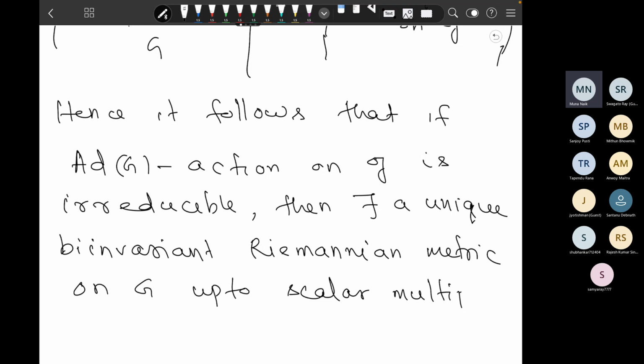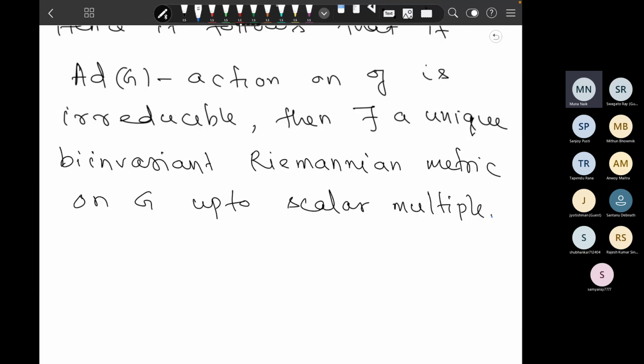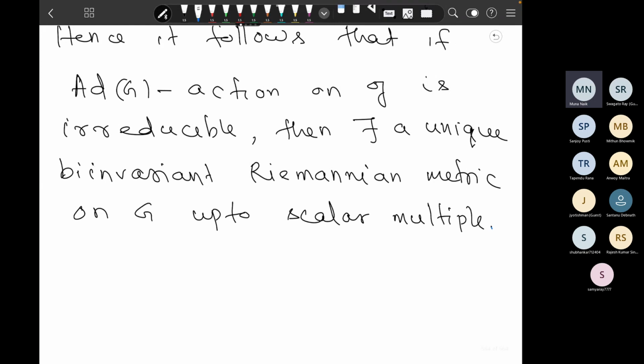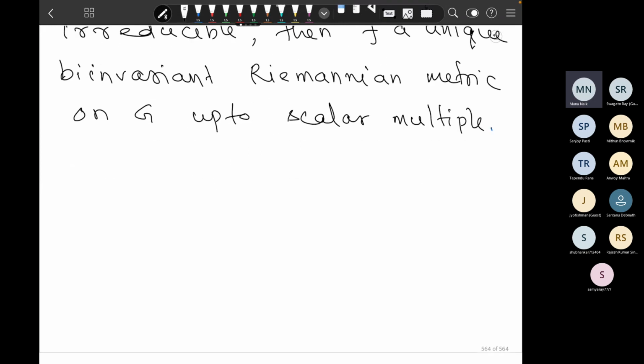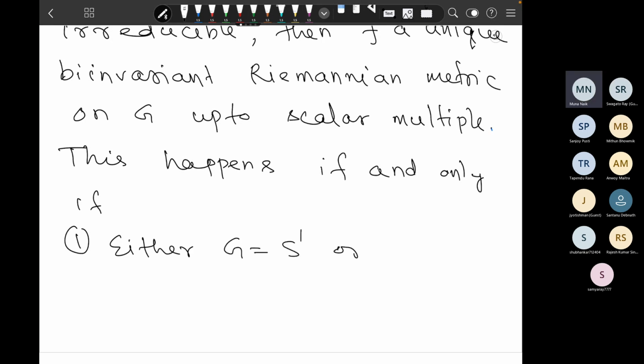So this was the question which I asked in the previous lecture. You can look at page number 409 or something. I am not showing that, but this was the question I asked. And when does this happen? This happens if and only if, first condition, either G is S1, or G is equal to R, or G is simple.